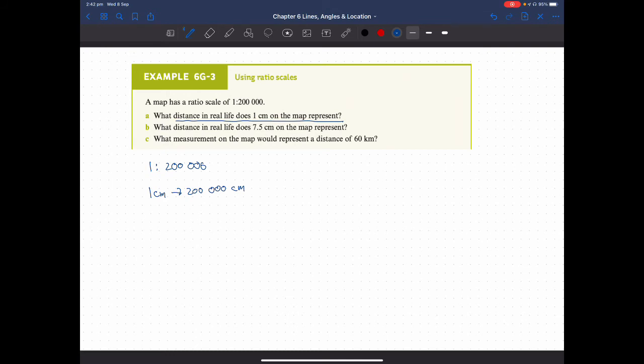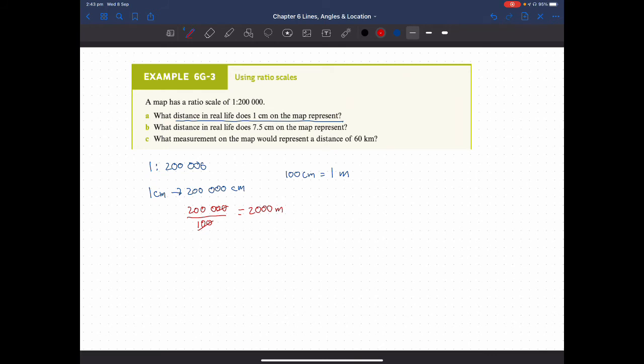So let's convert it. We know there are 100 centimeters equaling 1 meter. So if I take my 200,000 and I divide it by 100, I will get 2,000 meters.